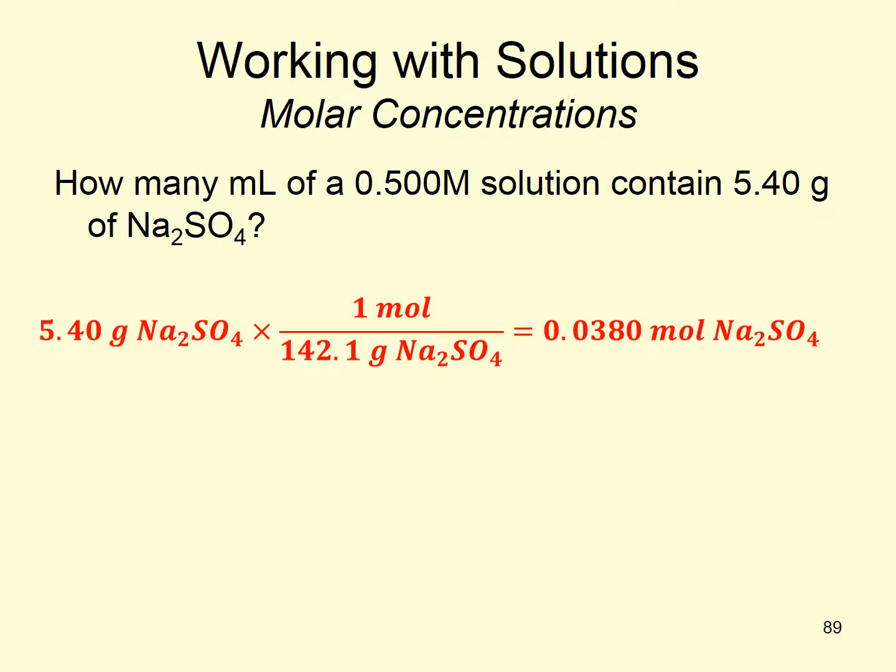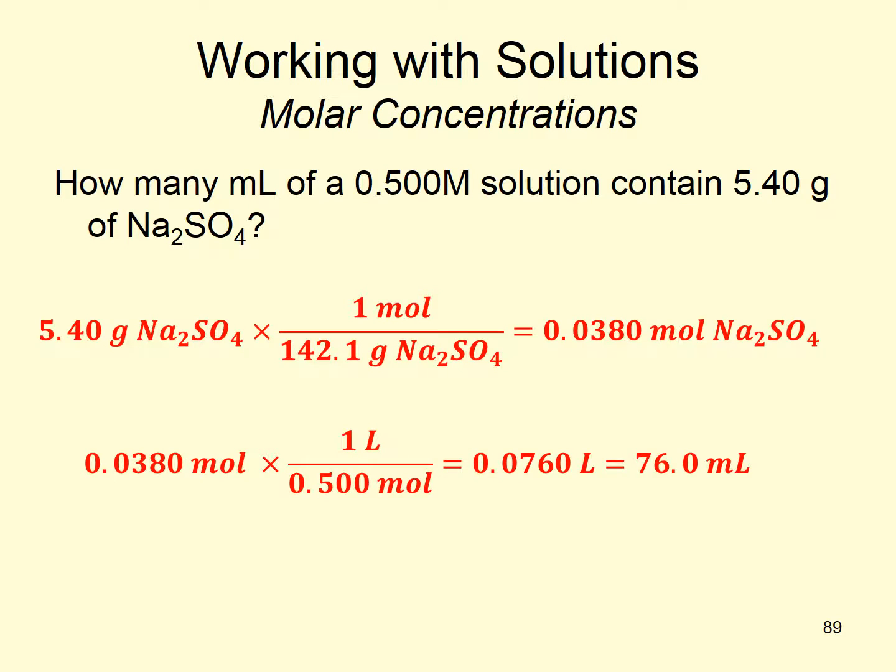We want to know what volume will contain 0.0380 moles of Na2SO4. So now if we use our conversion factor, we know that there's 0.5 moles for every 1 liter. So if we divide by 0.5 moles per 1 liter, the moles will cancel. The liters will be on top, so we end up with 0.0760 liters, or 76 milliliters.